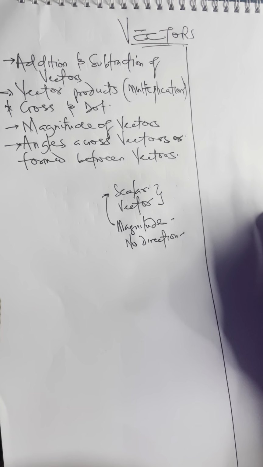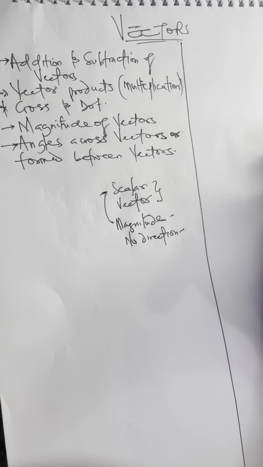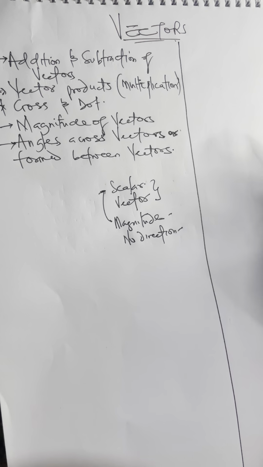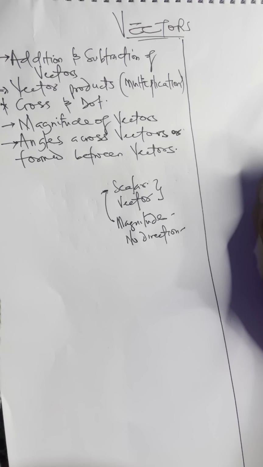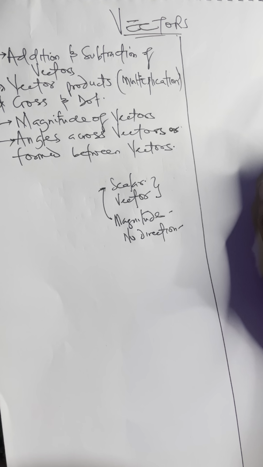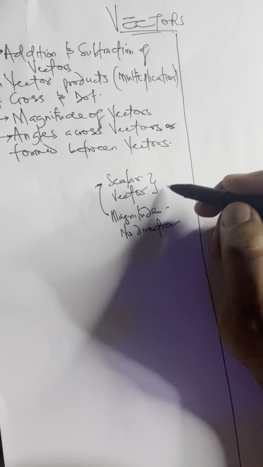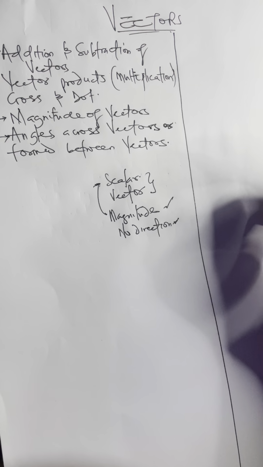It's just like a human walking from point A to point B without a direction, moving aimlessly. So scalar quantities do not have direction, but they have magnitude. On the other hand, vector quantities have both magnitude and a specified direction.